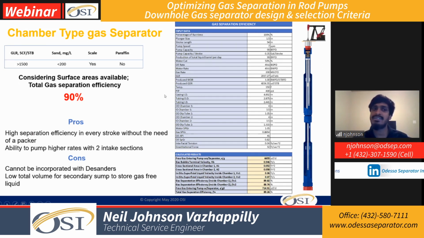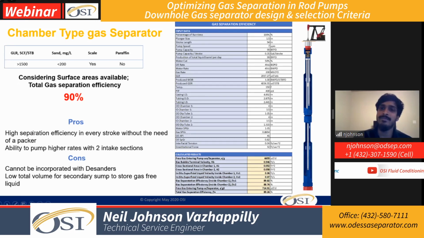And this makes sense. As I mentioned before, if we distribute the fluid equally, or at least close to equal, in both chambers, every stroke we get almost twice the separation. That is exactly why this number makes sense: two individual separators working in conjunction with each other.